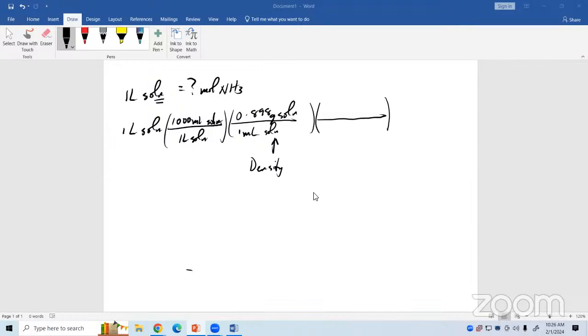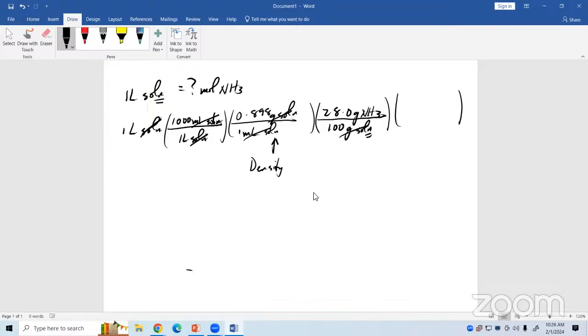Basically, we do that by multiplying by 28.0 grams of ammonia over 100 grams of the solution, right? Because that's what percentage means. Percentage means parts per 100. So this will cancel with that, this will cancel with this, and this will cancel with that. So up to this point, we would have determined the mass of ammonia.